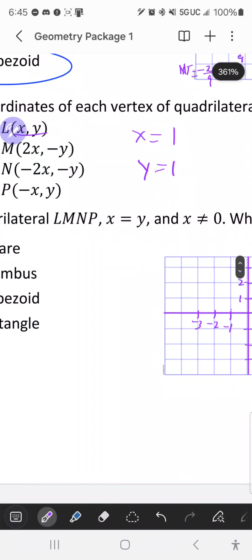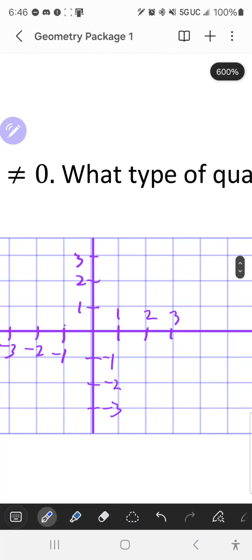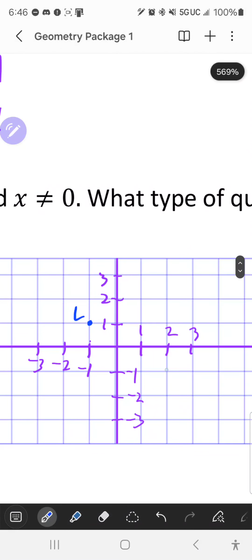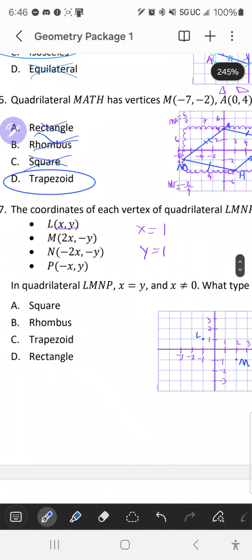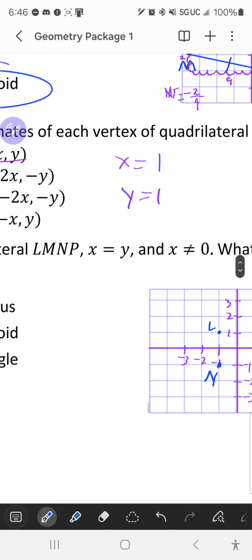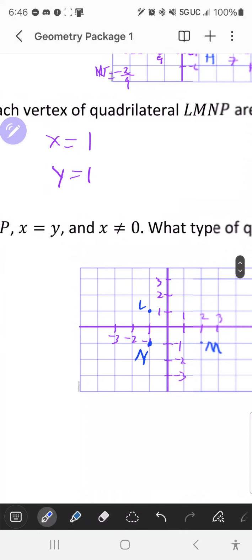Now L will be 1 comma 1, so this will be L. M will be 2 comma -1, so this will be M. N will be -2 comma -1, so this will be N. And P will be -1 comma 1.